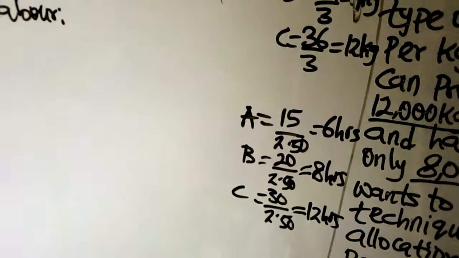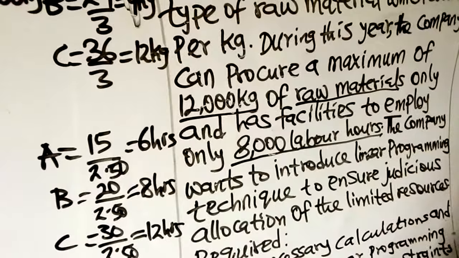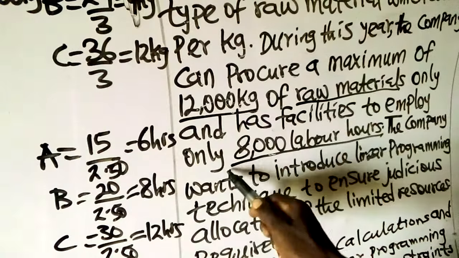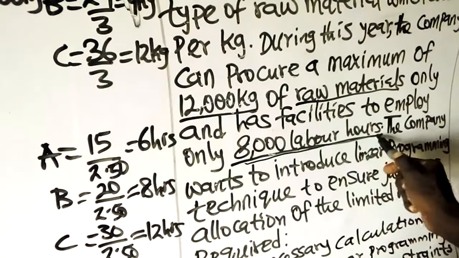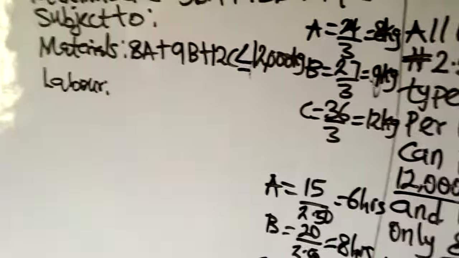Now, remember, the company has facilities to employ only 8,000 hours. That is the maximum hours the company can employ based on their facilities.